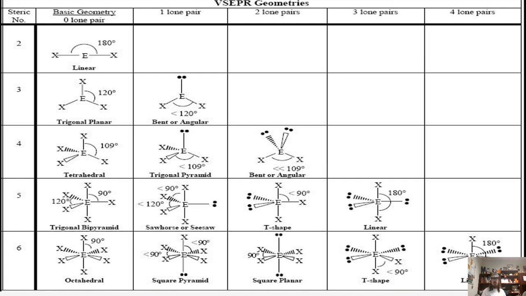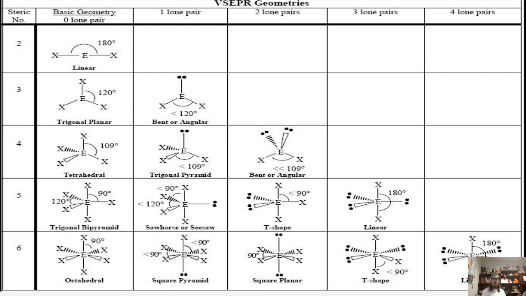Trigonal planar, if I remove one of the outer atoms, it becomes bent, or you could call this angular. It's not a triangle, but it's not a line. If I have tetrahedral and I remove one of the outer atoms, no matter which outer atom I remove, it becomes a trigonal pyramid.